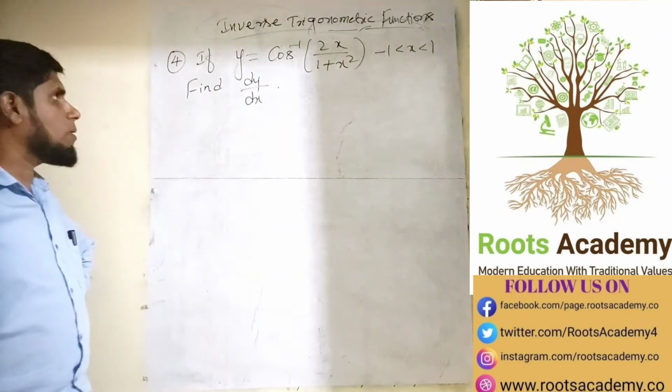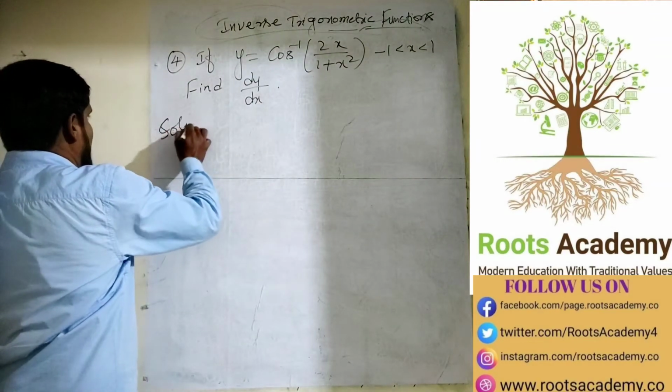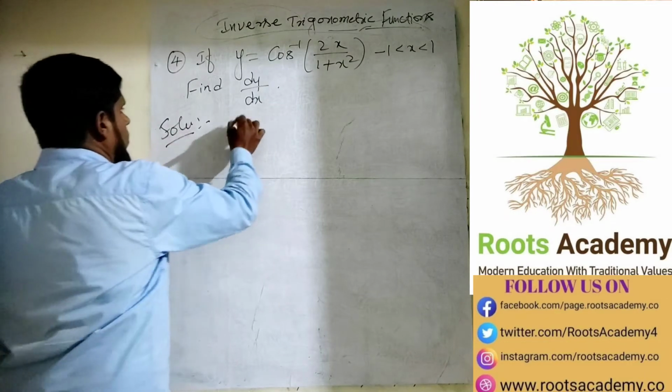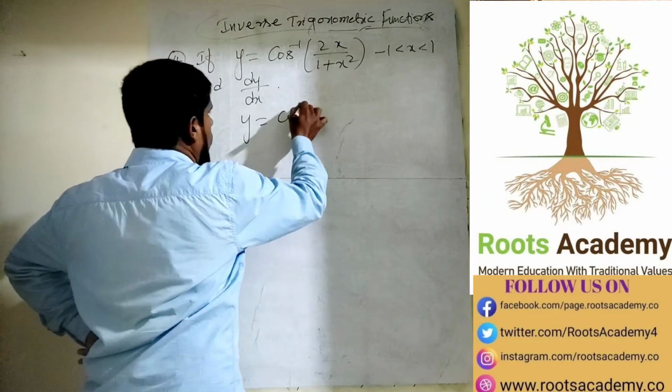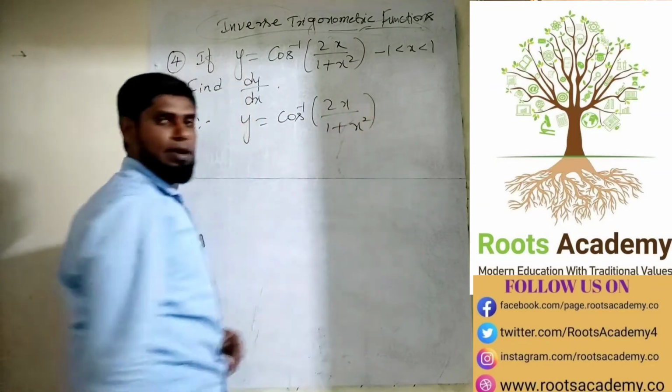Now, student, in this problem y is equal to cos inverse of 2x divided by (1 plus x square).